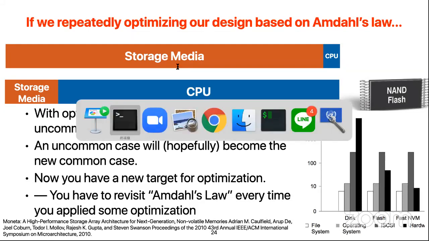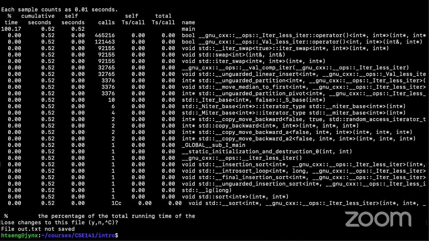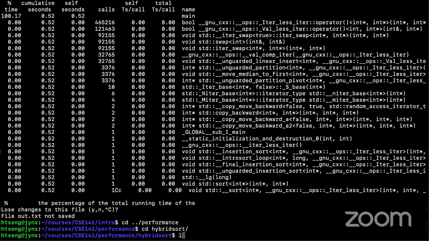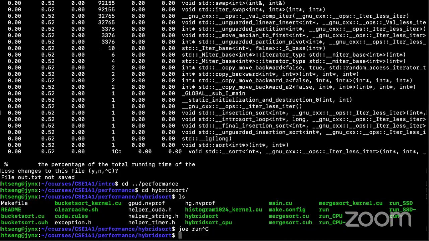So now I'm giving you another demo to give you some idea of what I want to tell you here. We just talked about sorting, right? Here I have an example where I use the CPU to implement quick sort.